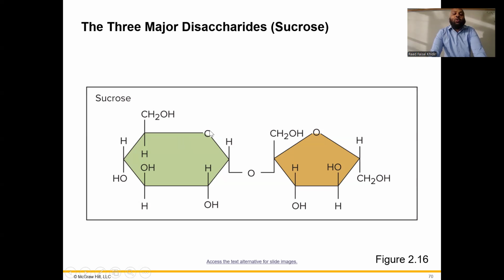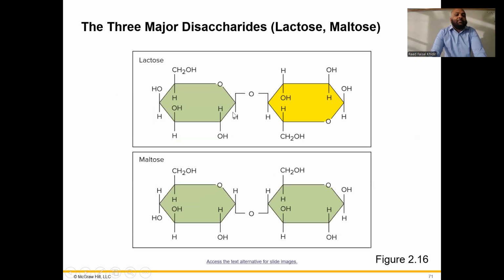Dehydration or with hydrolysis? Hydrolysis. Excellent. Lactose, you see, that's glucose, that's galactose. We break them apart with dehydration or hydrolysis. Then we stop there, or we take the yellow galactose and do what to it? We interconvert it, we change it into glucose.